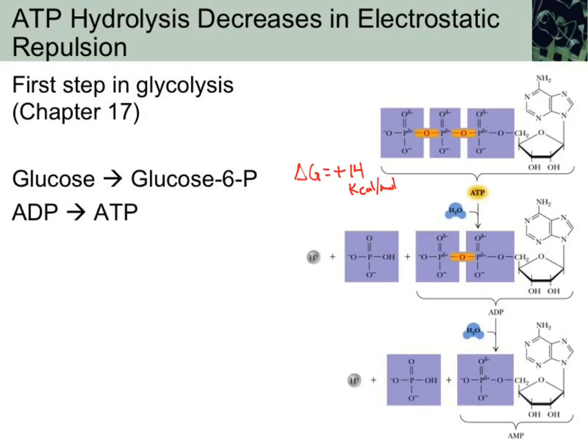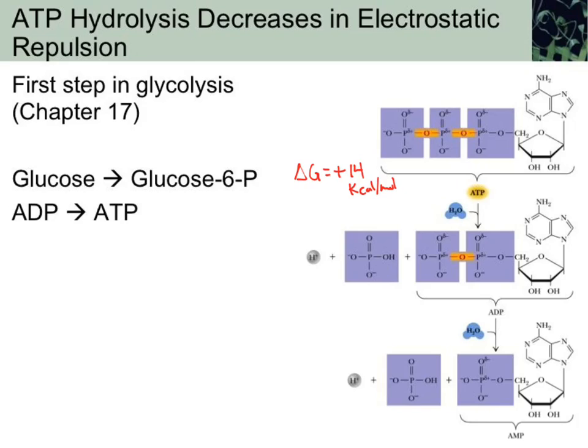Why is it not likely to occur on its own? It's a positive delta G. This reaction is endothermic. We're going up in energy. Those reactions are not feasible. This is the first step in glycolysis, kind of an important step to occur. If it's not going to occur, we don't get glycolysis.